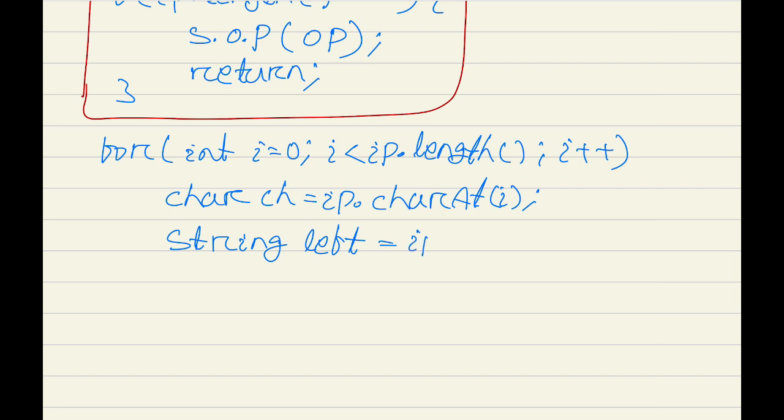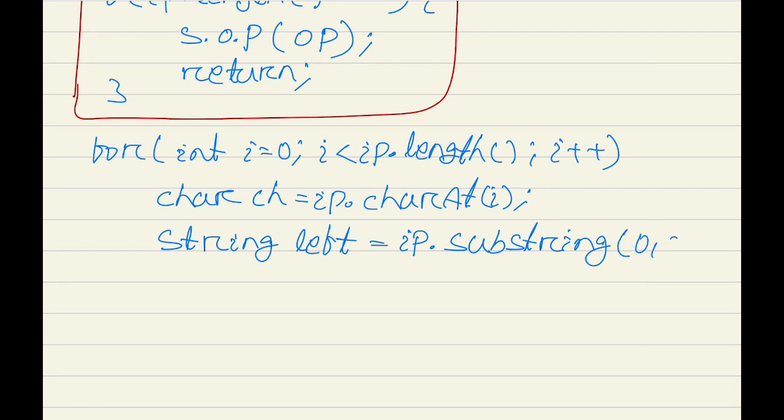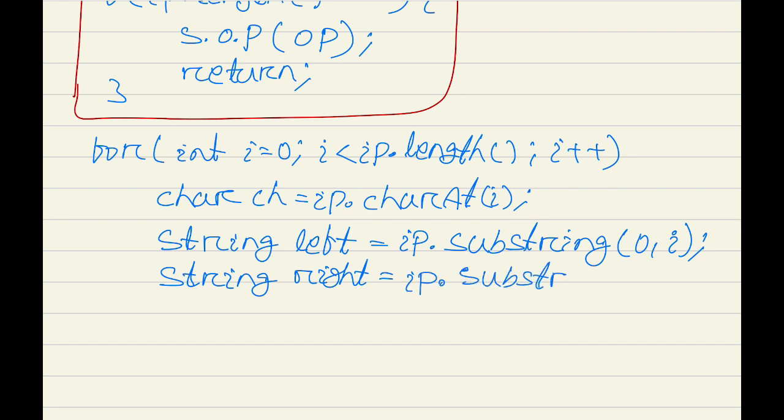So we write ip dot substring, where ip is the initial input, substring 0 to I, and string right equal to ip dot substring I plus 1.